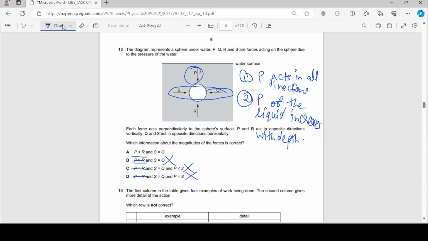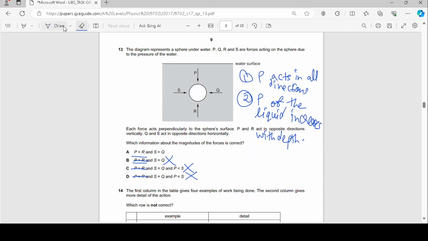That's my point: the pressure at R is greater, hence the force at R is greater. The pressure at P is less, hence the force at P is less compared to R, and compared to S and Q, because S and Q are also below P.